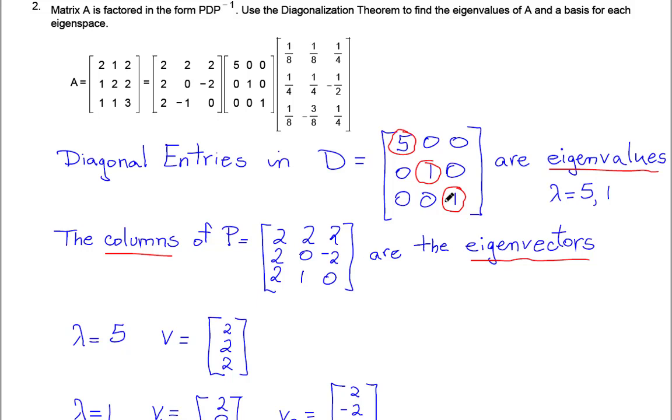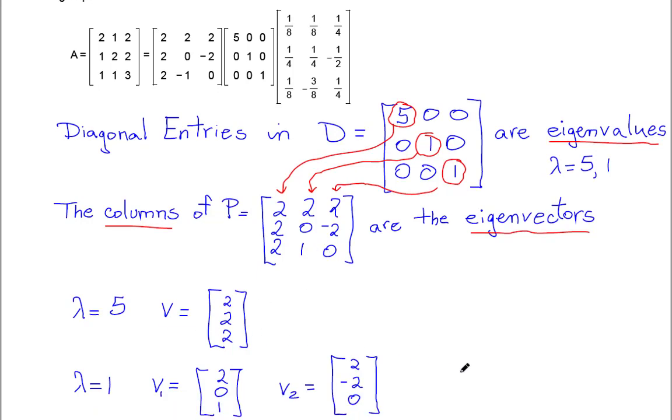Even more importantly, we get the basis. For the eigenvalue of 5, this is the basis in the first column. That's where the 5 is. 1 is in the second column, and this 1 is in the third column. So we actually find the corresponding basis vectors for each of the eigenvalues.